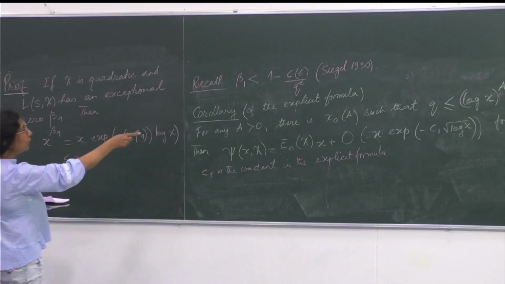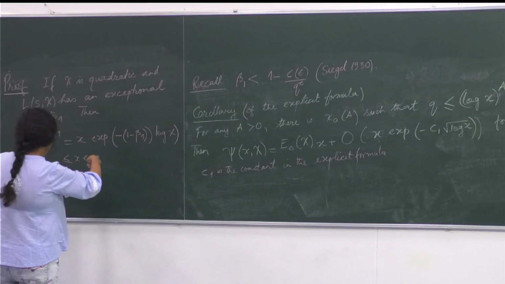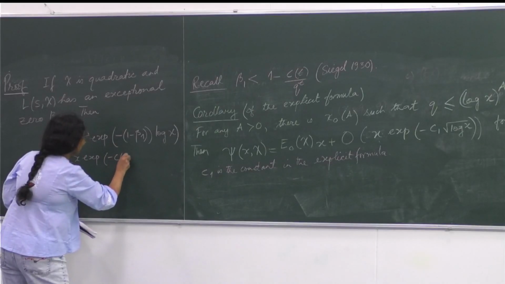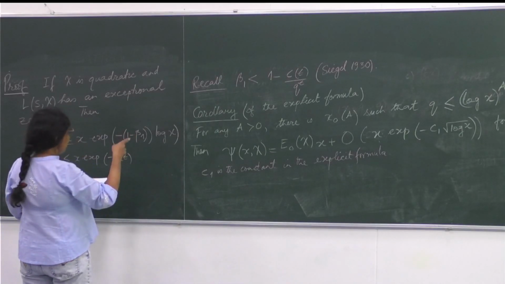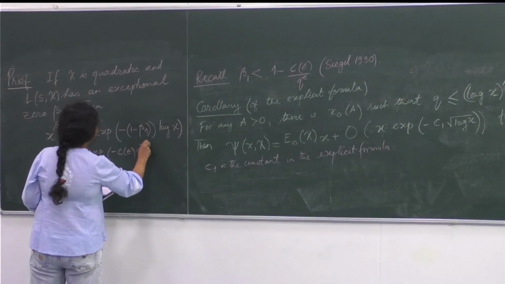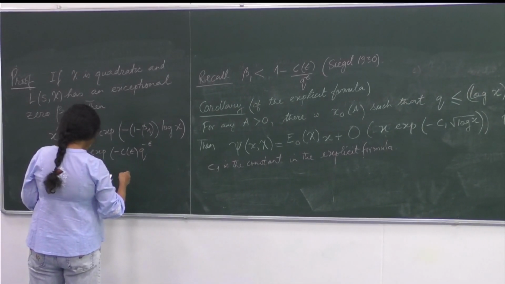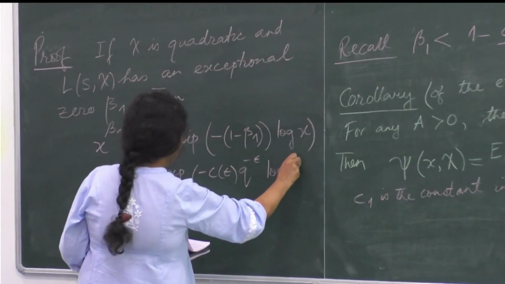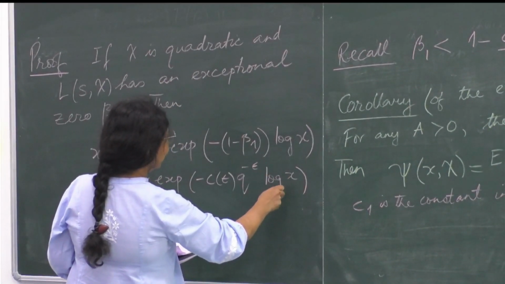So now I can use the fact that this can be bounded by minus c epsilon q to the power minus epsilon log of x. Yeah. So this is Ziegel.